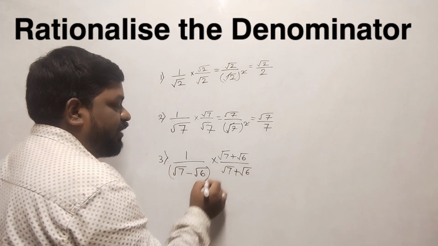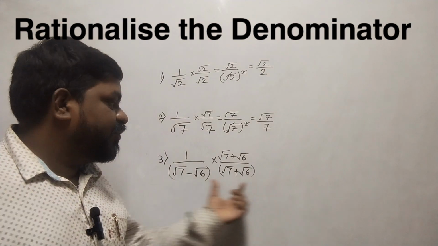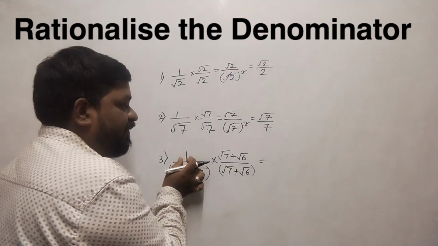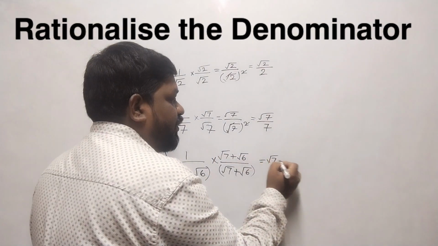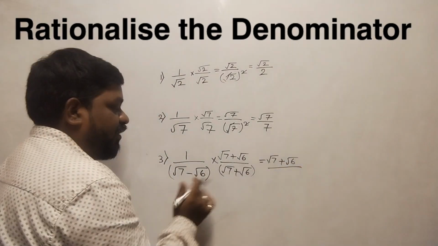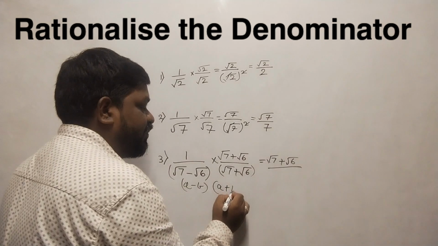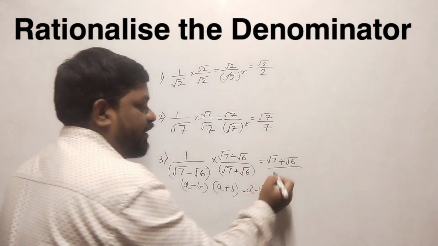Now look at the denominator. It is of the form a minus b into a plus b. Multiplying 1 with root 7 plus root 6, we get root 7 plus root 6 in the numerator. The denominator is of the form a minus b into a plus b, that is a square minus b square.